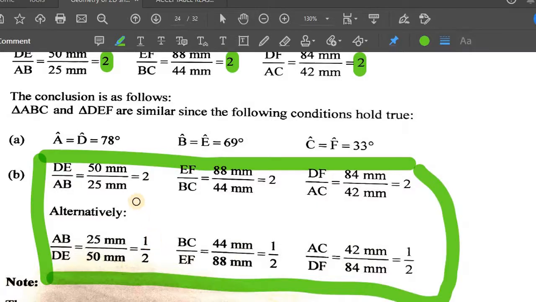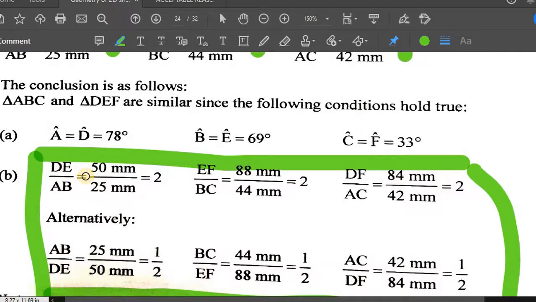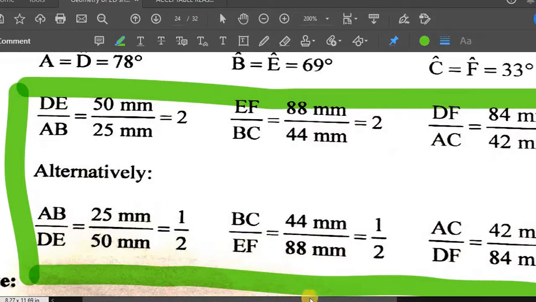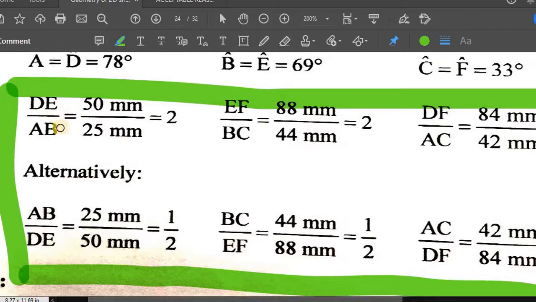Now you see, if you put the bigger side over the smaller side, 50 over 25, we got 2, or we can say 2 over 1. We can also say the smaller one over the bigger one and have 25 over 50 and get half. As long as you show me what the teachers are looking for, both are accepted, right? But just show us one of them.